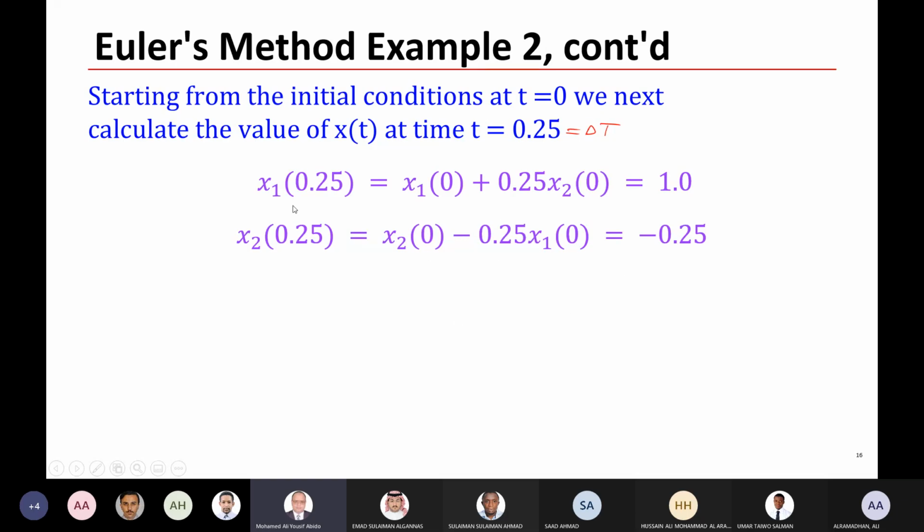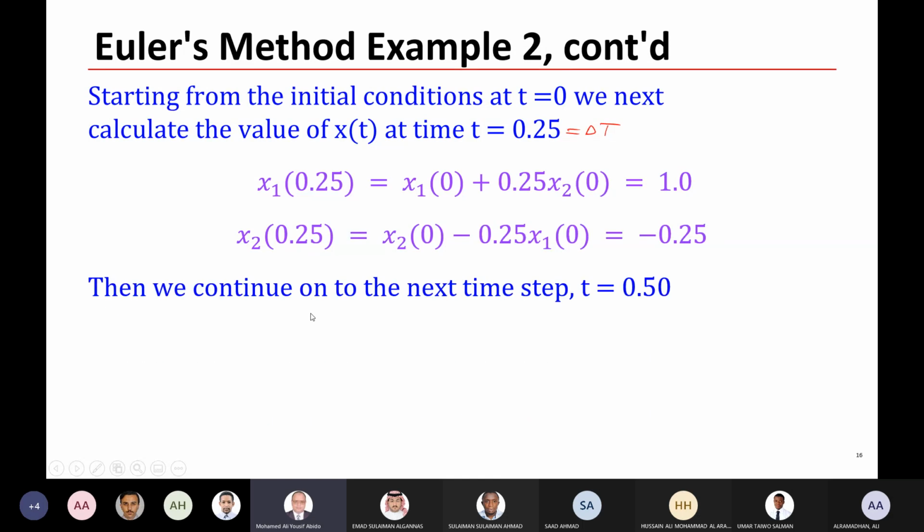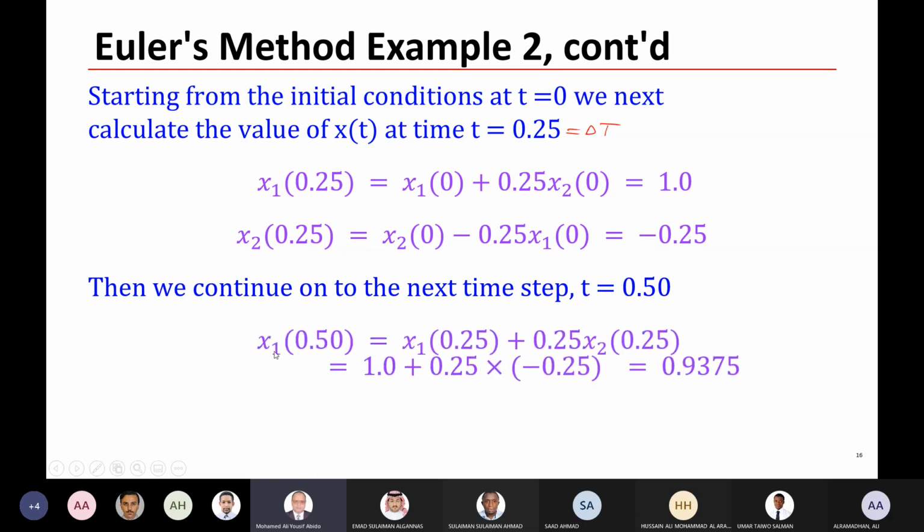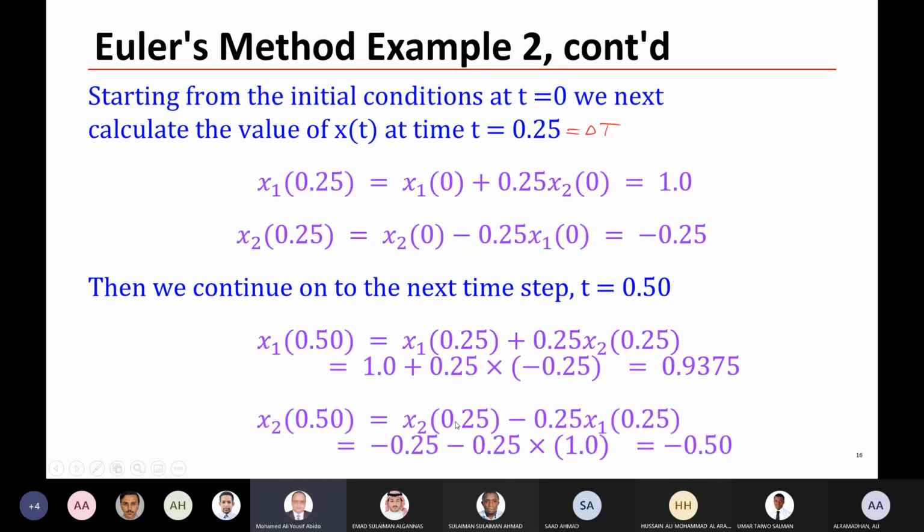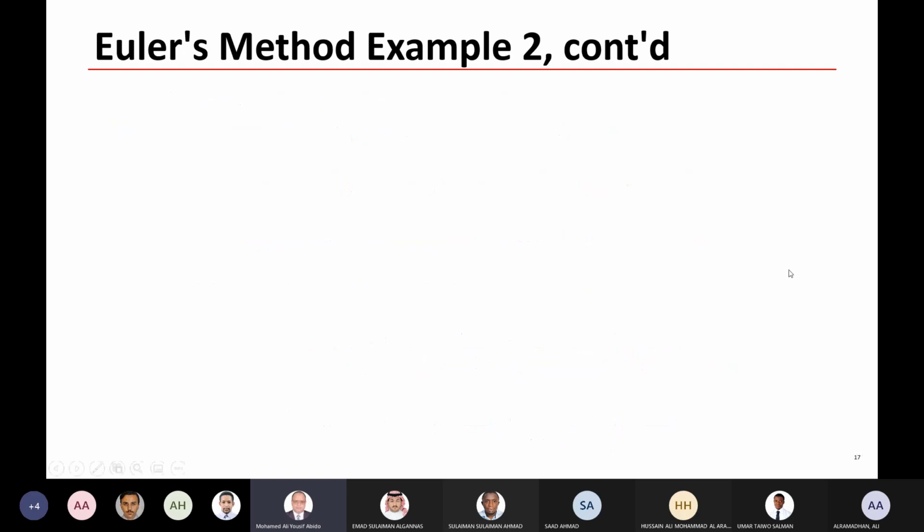So you can get x1 and x2, and then proceed for x1 of 0.5, x2 of 0.5, 0.75, and so on. So x1 of 0.5 gives you this value, and x2 of 0.5 equals 0.25 minus 0.25 times this. And you can iteratively solve for x1 and x2.